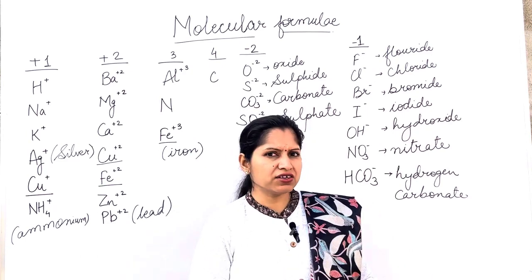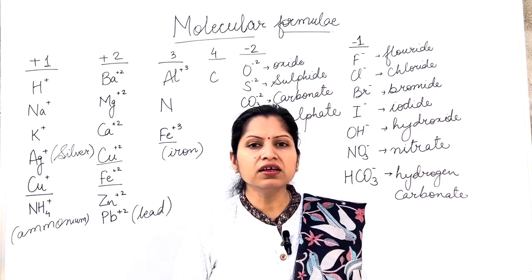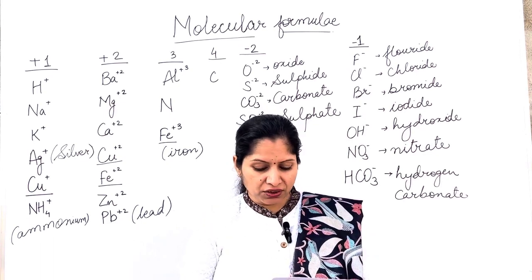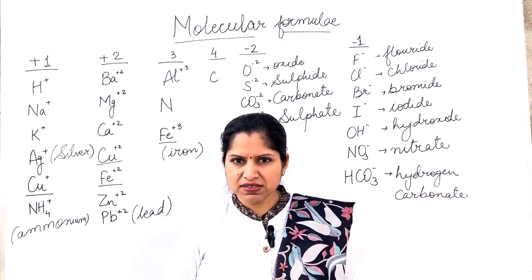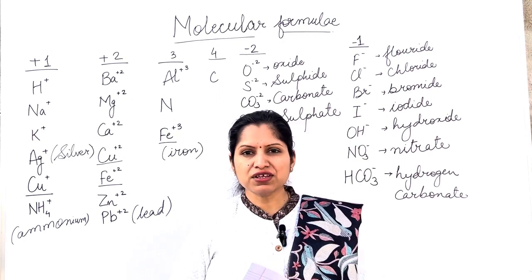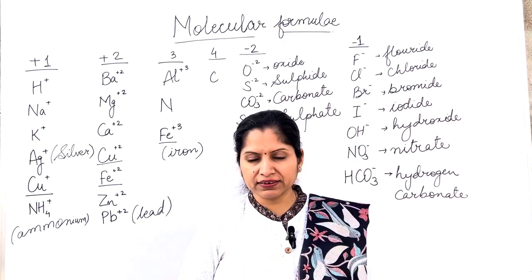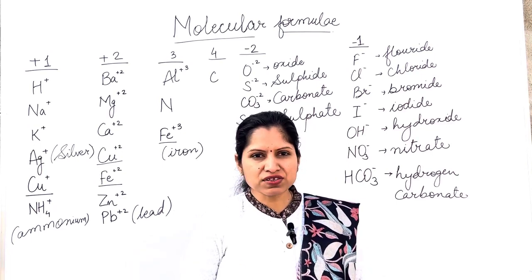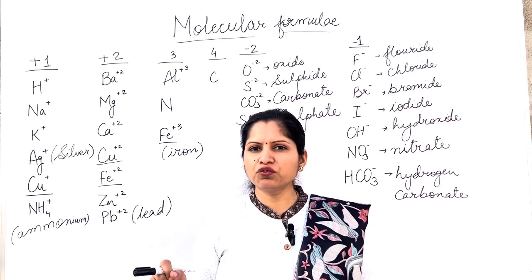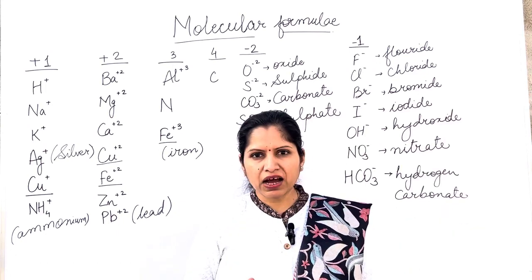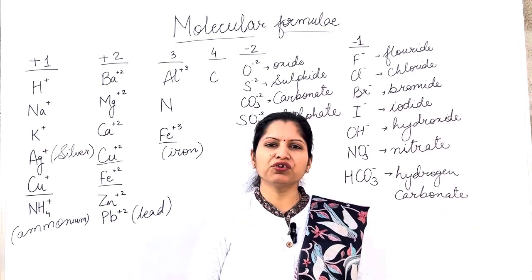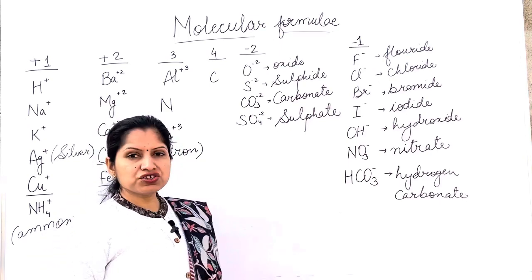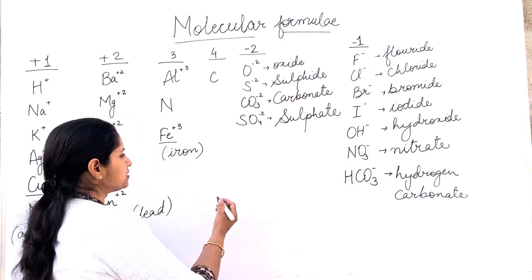I hope you have understood how to work out the formula. So, I am giving you 30 names, and for those 30 names, you all have to write the molecular formula. I'll call out the name and just pause the video after every name, write the formula by your own, work it out by the crisscross method. If you are in 9th standard, then you can do the crisscross method. How will you do it?